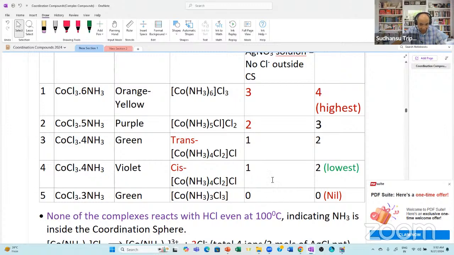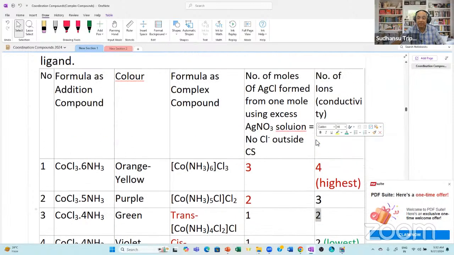The colors are the same, but look at the conductivity. It was giving nil conductivity, no ions, no silver chloride precipitate. But here it had some conductivity, although the color is the same, with 2 moles of silver chloride precipitated.